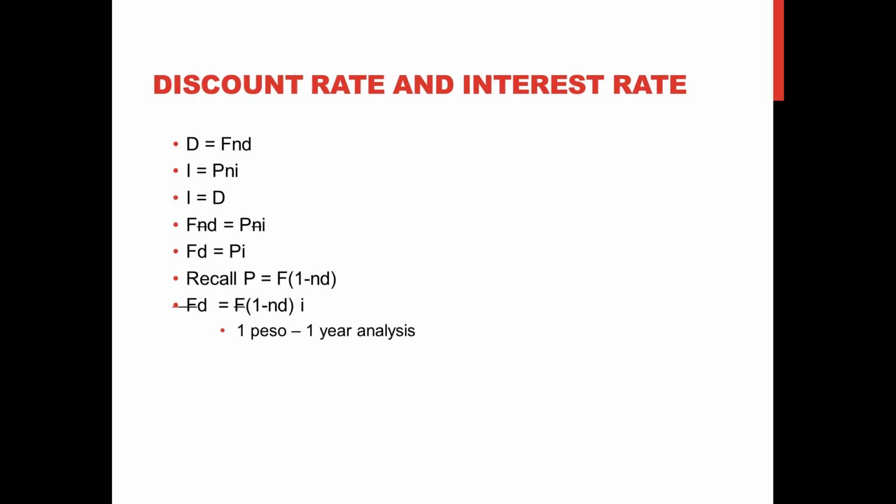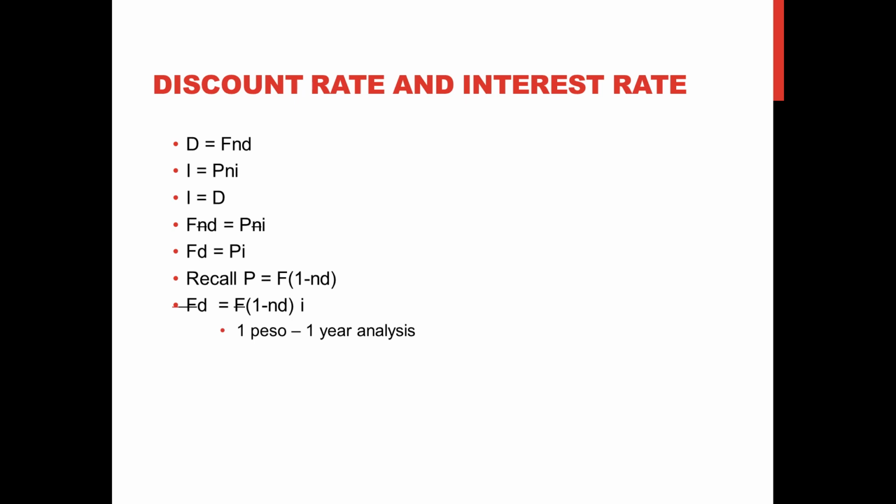And considering a 1 peso per 1 year analysis, meaning we will just substitute all the values of N to 1, we can compute for I in terms of D, or D in terms of I. So this is what we call banker's discount. Let us be careful to use banker's discount. It is noted here that this is based on a 1 peso per 1 year analysis.